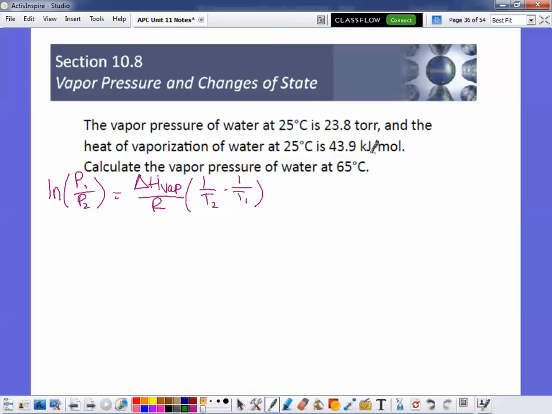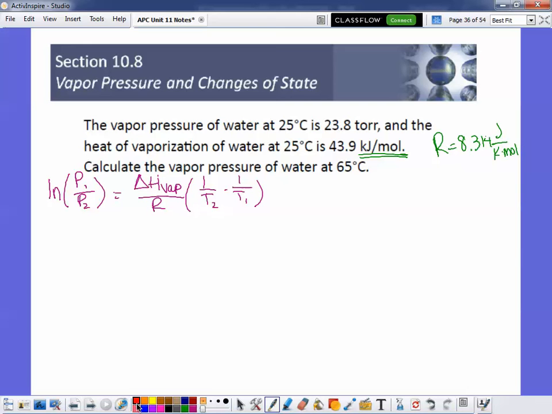Delta H here is given in kilojoules per mole, and R was 8.314 joules per Kelvin mole. So what are we going to need to do? Does it matter which one you convert? No, as long as you get them both to say joules or both to say kilojoules. I don't care which one you convert.